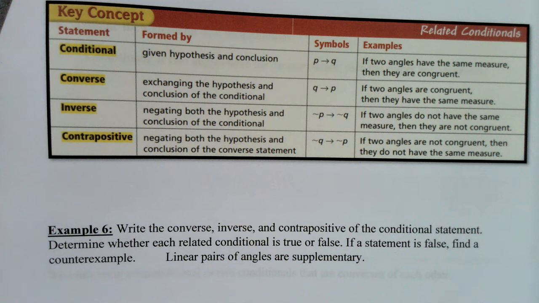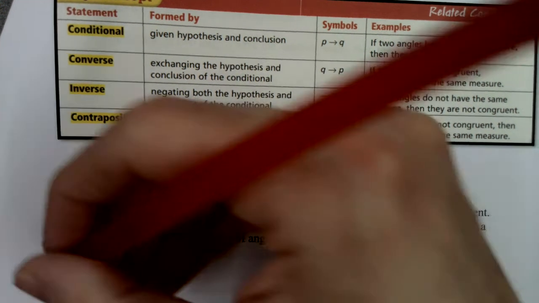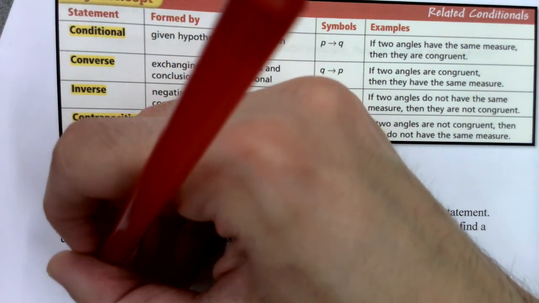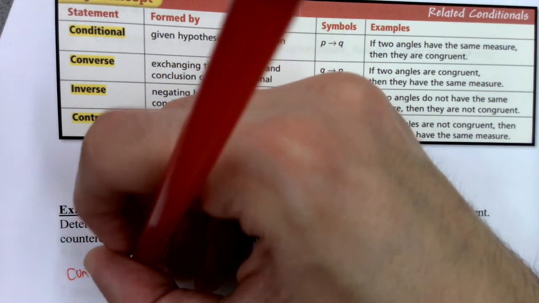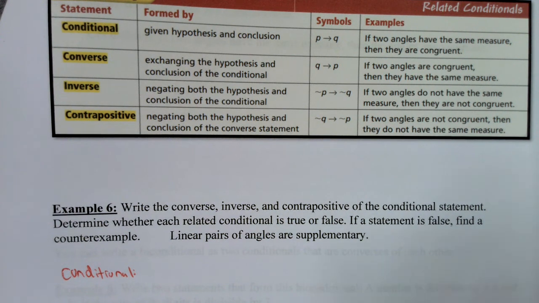Okay, so let's try this next example. Linear pairs are supplementary. First, let's put that in if-then form. So I'm going to say conditional. If two angles form a linear pair, then they are supplementary.